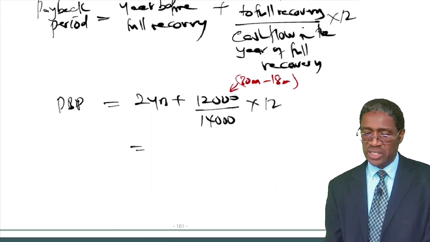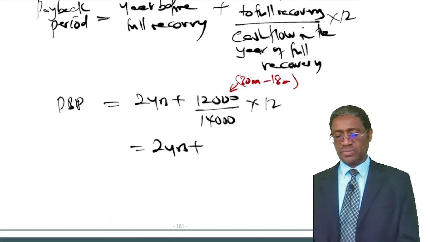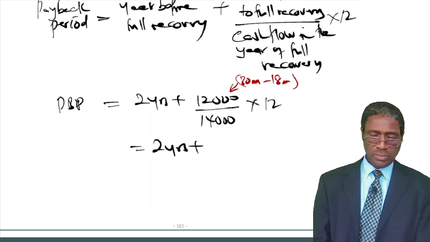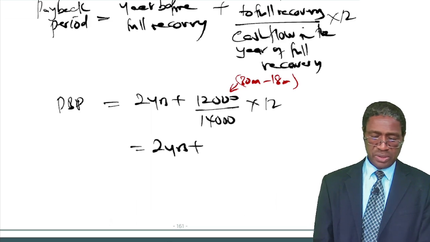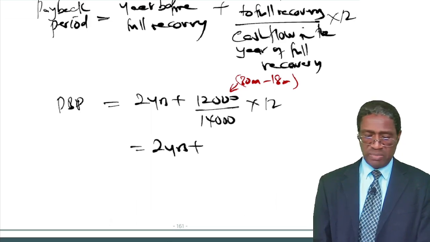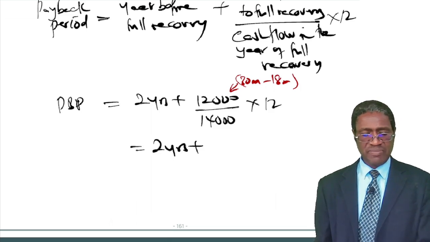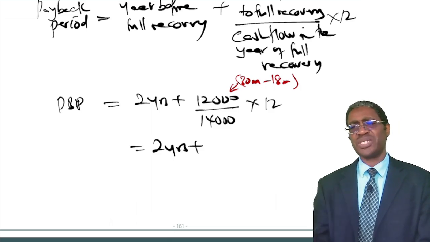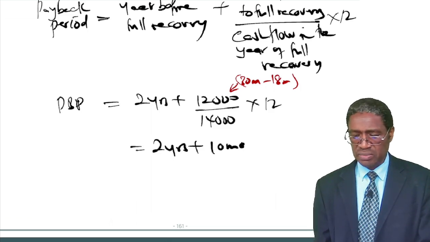Let me calculate. 12,000 times 12, divided by 14,000. That gives me something like 10 months. It's 10 point something, but it doesn't make a difference. Let's just call it 10 months.